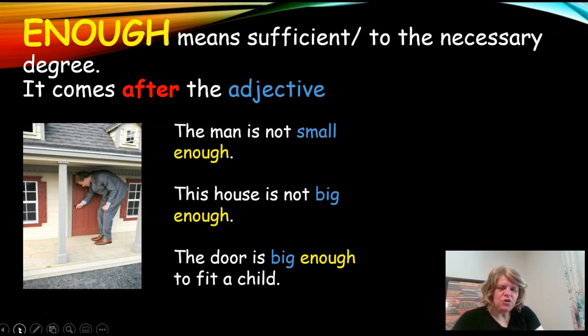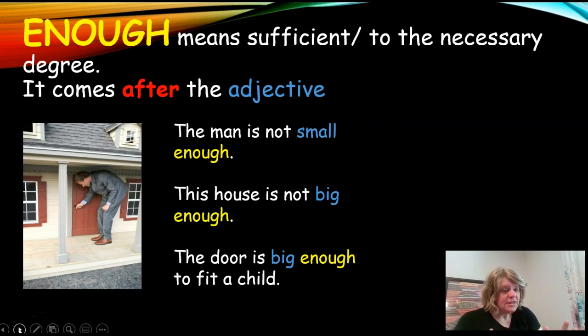So in the first picture, we had the man is too tall, right? But here we can say the man is not small enough. If we talk about the house and him trying to enter, we can say the house is not big enough.